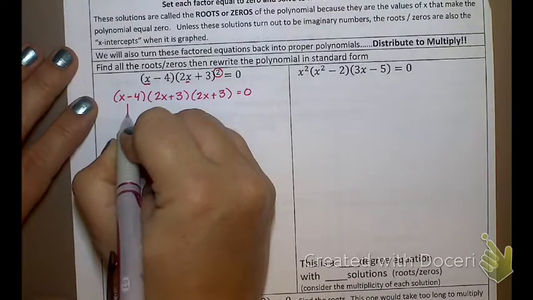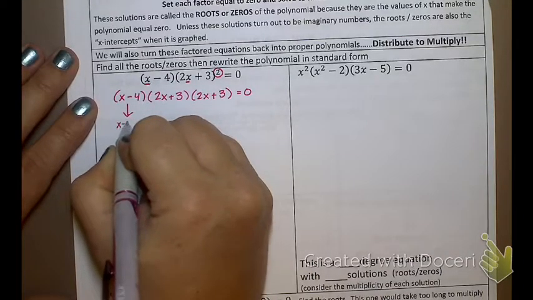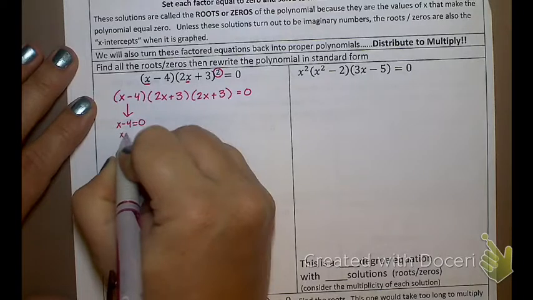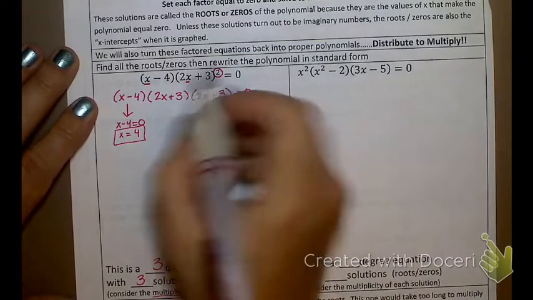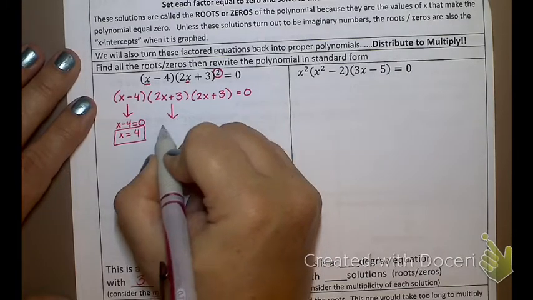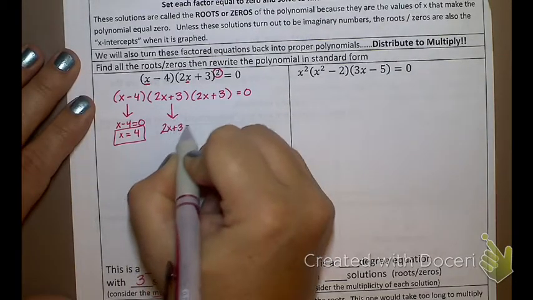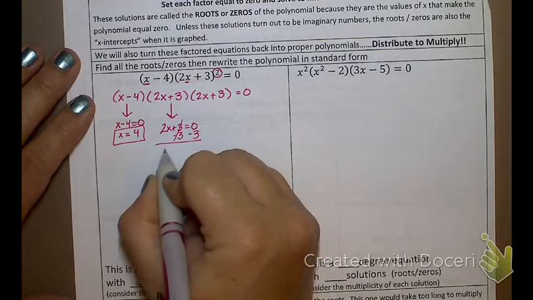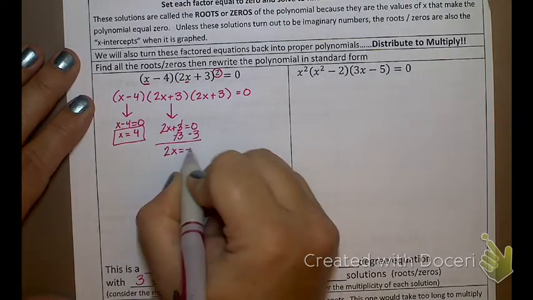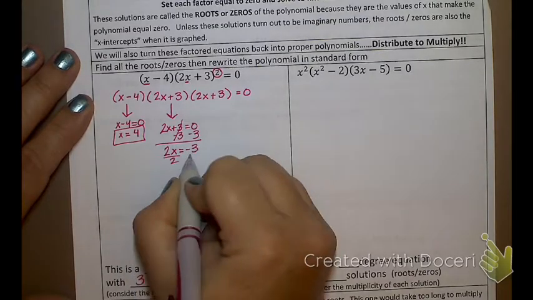So let's see. From here, x minus 4 equals 0. So what do I get? x equals 4, there's 1 of my 3 answers. This one right here, 2x plus 3 equals 0. I subtract my 3, and you'll get to do these in your head because you'll get to the point where these are super, super easy.